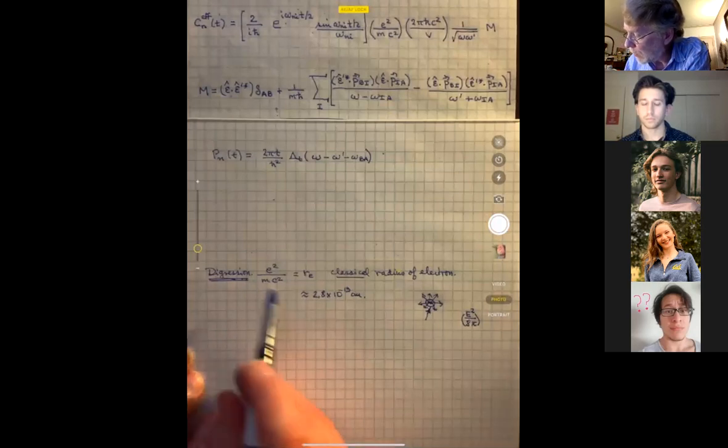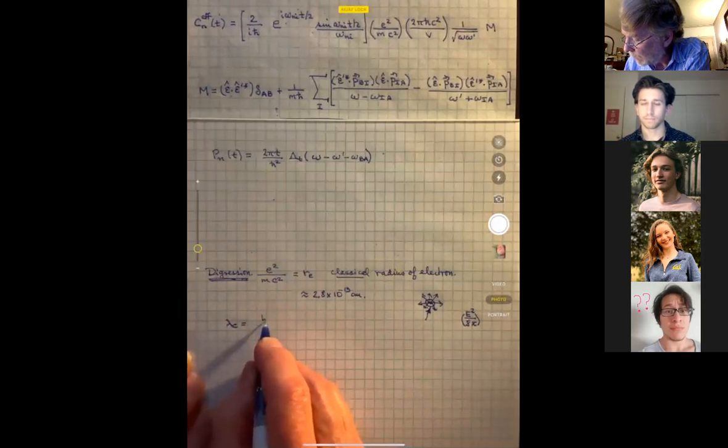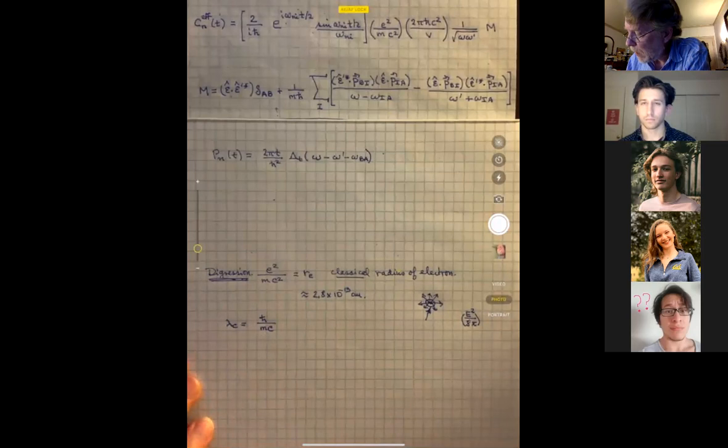While I'm on the subject of these length scales, let me mention a few more. There's also the Compton wavelength, lambda c, which is h bar over mc. I explained the Compton wavelength to you last semester.